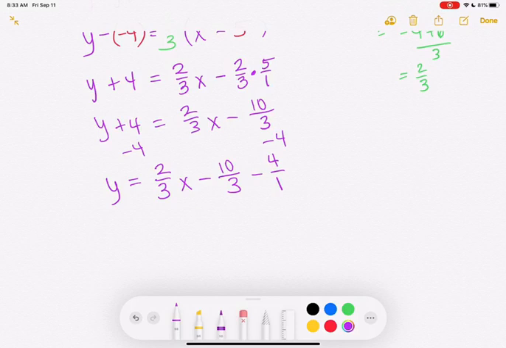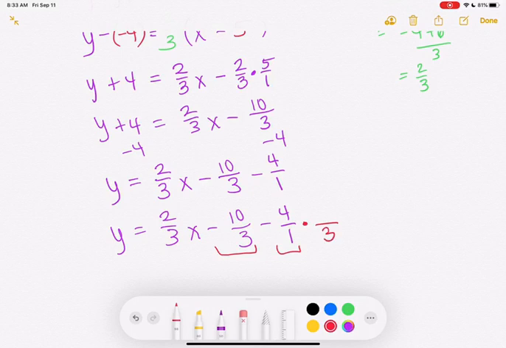I need a common denominator. Okay, so y equals 2/3 x minus 10 over 3. Let's change this 4 over 1. We need to figure out between this 3 here and this 1, what do I need to multiply by in order to get that common denominator? That 3, right? So go ahead and put in the 3.